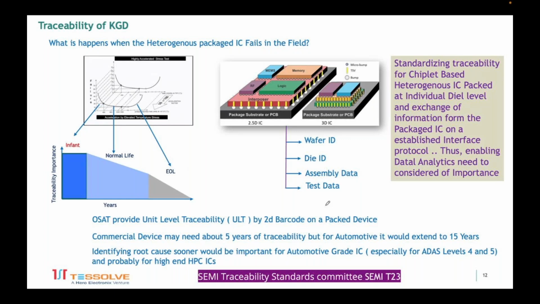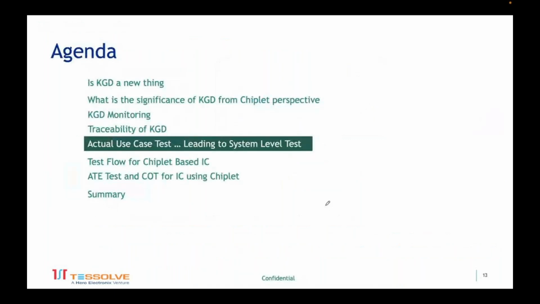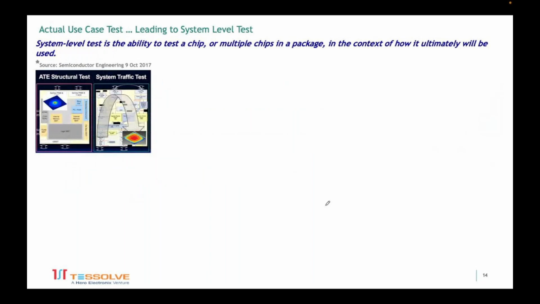So this is what I thought I'd cover on the traceability of KGD. Then I'll go to the next topic, which is the actual use case leading to system level test. In this case, as I mentioned earlier, we test individual dice, and through the OSAT environment, we put them into a heterogeneous package, do some tests, and tell whether it is good or bad.